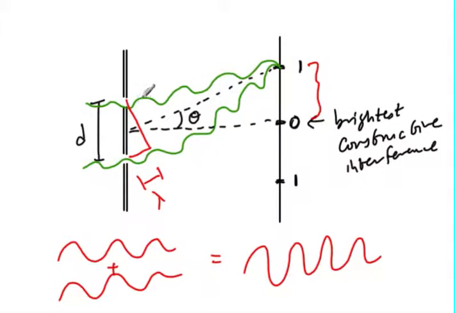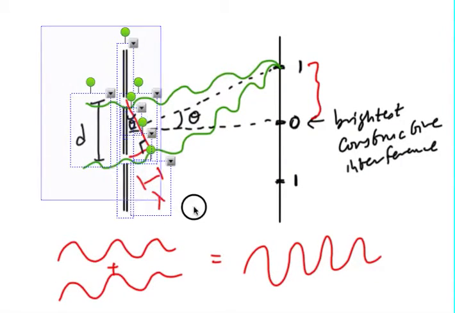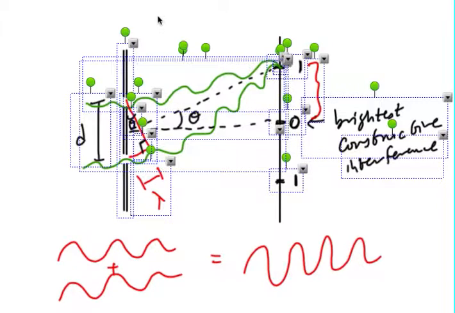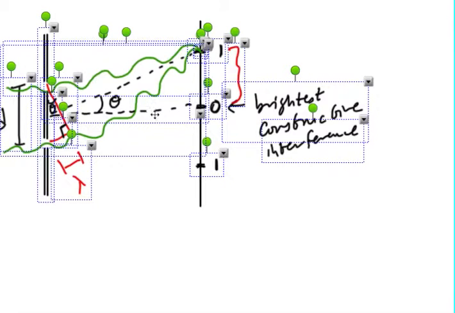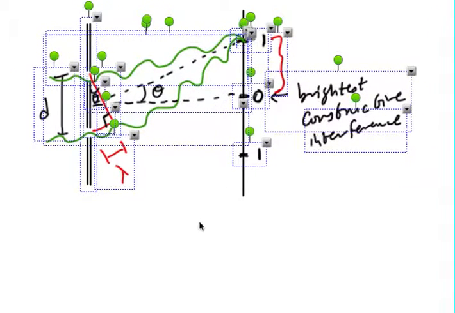Now, if we do some fancy geometry, what we can observe is that this angle theta is actually this angle right here, and this is a right angle triangle. Let me copy this part, move to a new page, and paste.